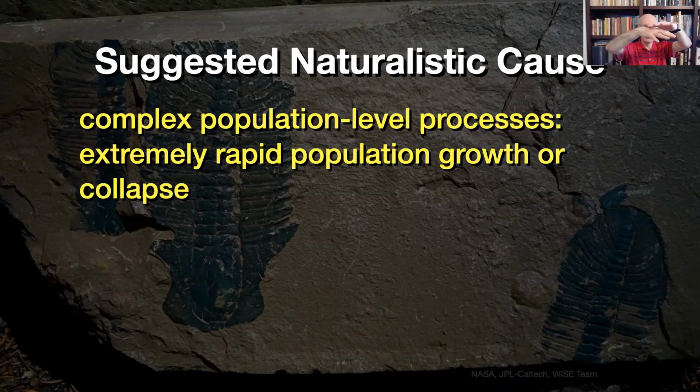So they go from, say, tens of millions of individuals in the species down to a few hundred, or from a few hundred rapidly up to many millions. And they're saying it's this rapid change in the population levels of these different species that explains both the discord between the paleontological trees and the phylogenetic trees, and also the extremely high rates of innovation.